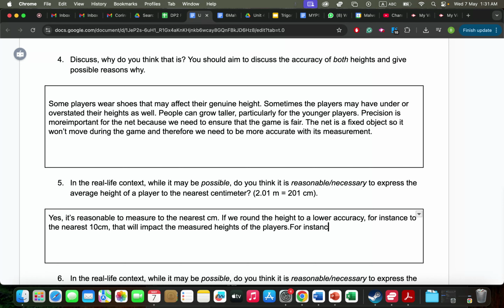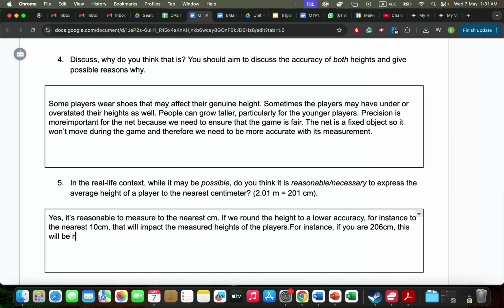For instance, if you are 205 centimeters, no, I mean 206 centimeters, and you round it off to the nearest 10 centimeter, then obviously this would be rounded to 210 centimeters, and that's a difference of 4 centimeters. So how you round the height will create an issue as well, but as long as you're able to justify the reason, I think it's all reasonable.